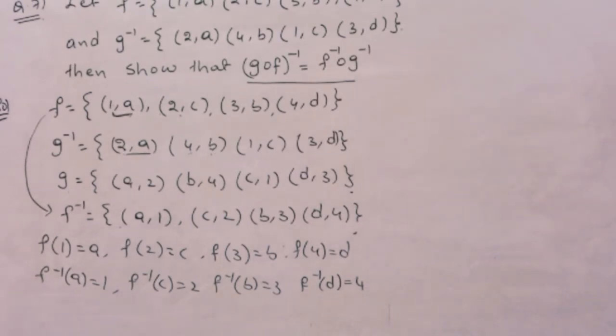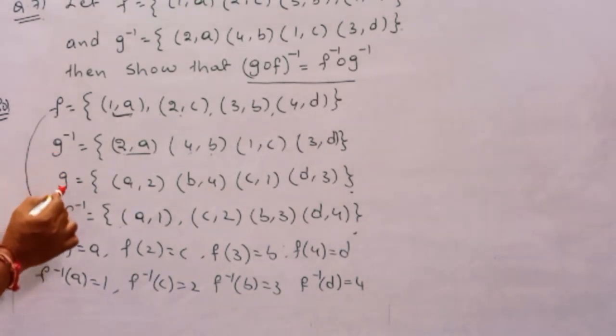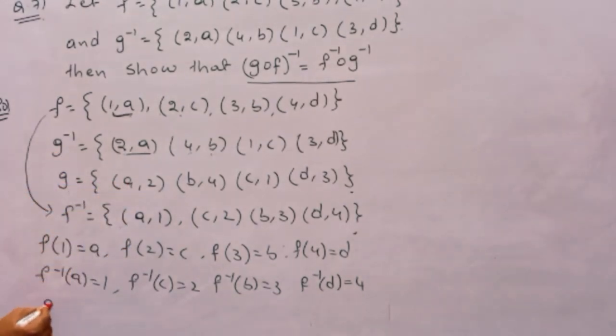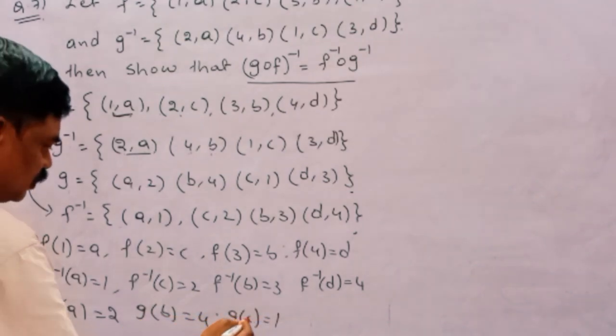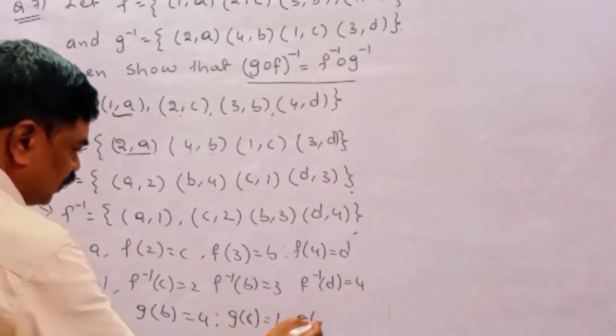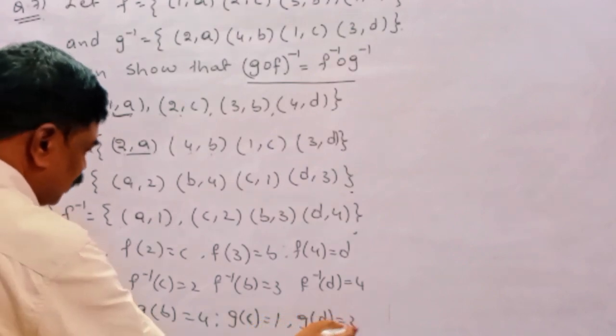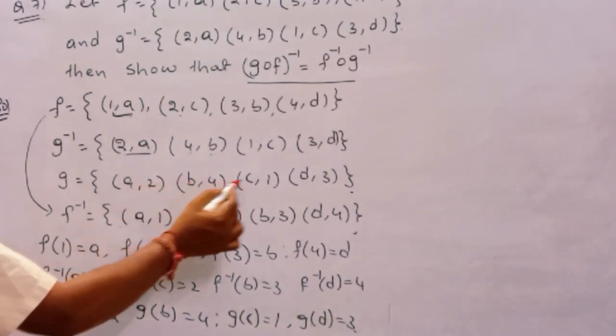Okay, all of you. And from this, what is G of A? G of A is equal to 2, G of B is equal to 4, G of C is equal to 1, G of D is equal to 3. These are the images.